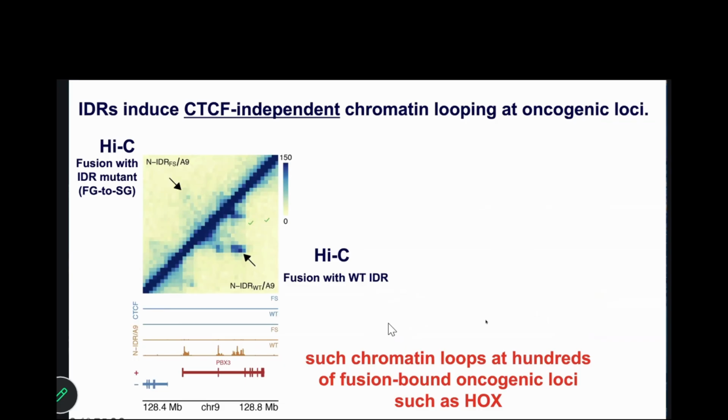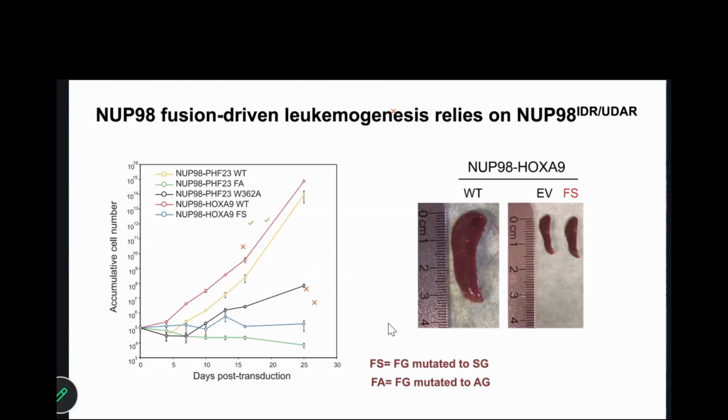For the sake of time, I just want to mention you can see the fusion binds to different regions, either promoter or enhancer regions of these genes. Using Hi-C mapping technology, among any two of these binding sites, we can see looping formation. Because this locus does not have CTCF, these are really CTCF independent chromatin loops formed by the fusion.